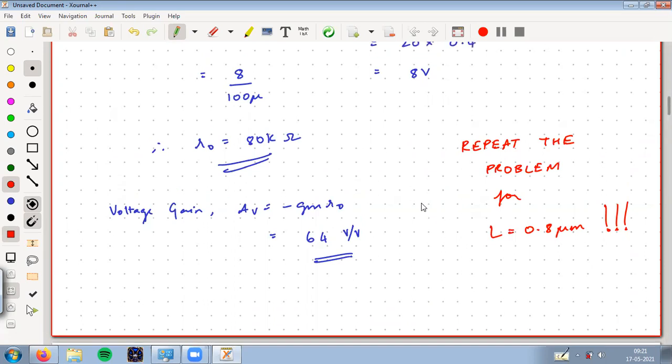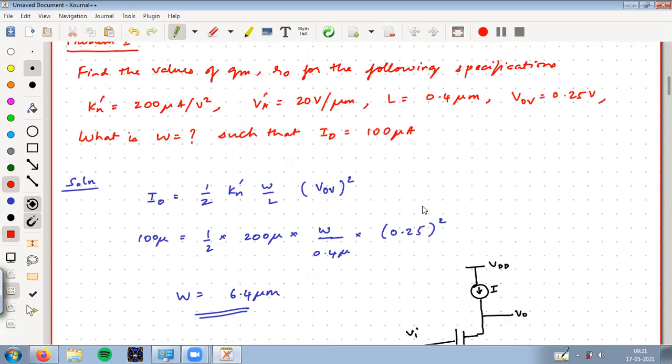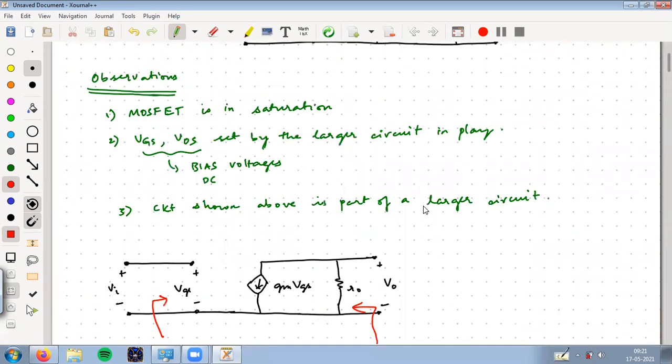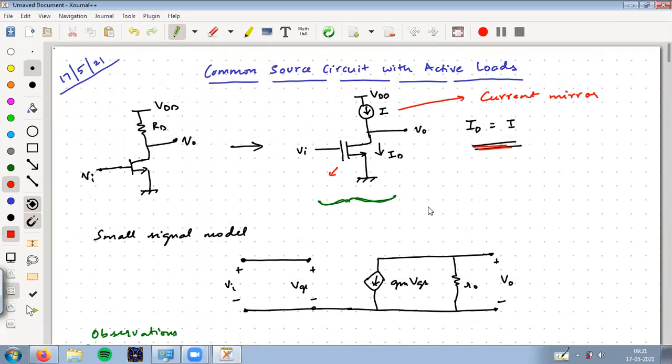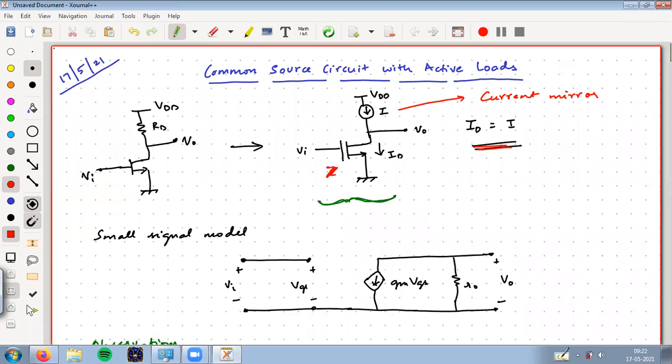So this is what active load is. Active load is replacing your RD with a current source, a current source which has a current I, and the current I has to match the drain current of your actual amplifier. Remember the MOSFET which we have drawn here is the actual amplifier.